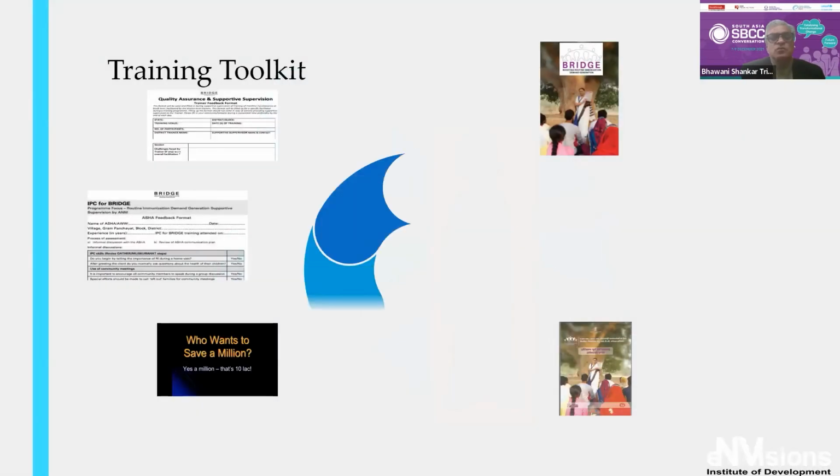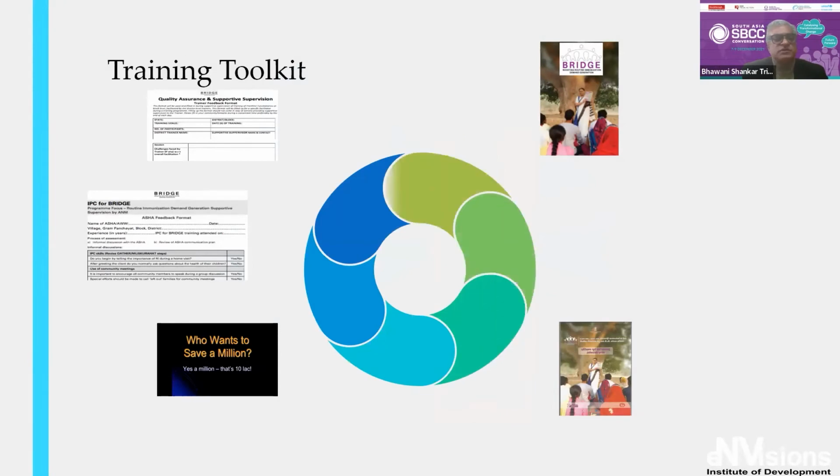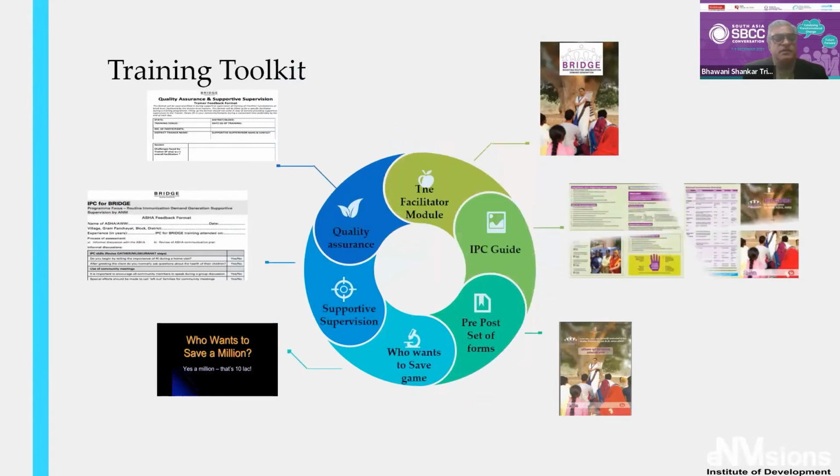So looking at how the Bridge toolkit was designed, the Boosting Routine Immunization Demand Generation toolkit was introduced nationwide to skill these community health workers, or frontline workers, with field-tested methods and processes.